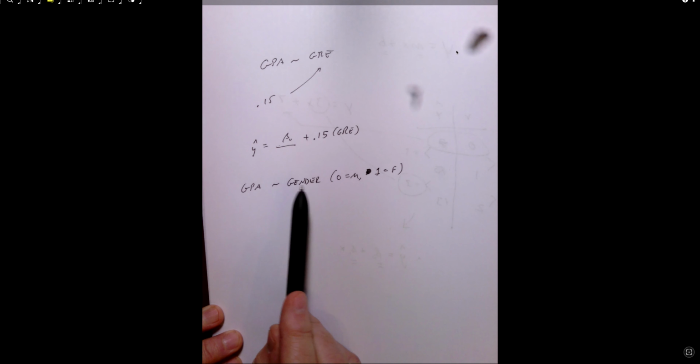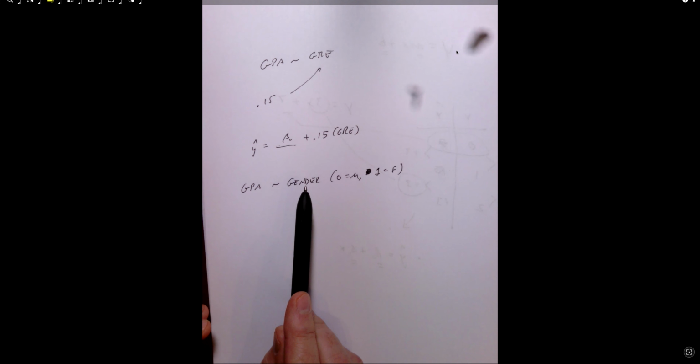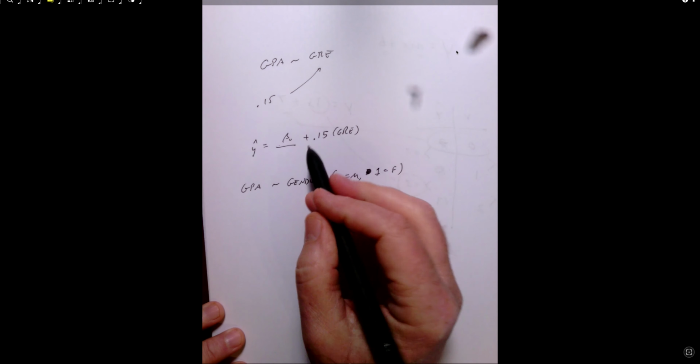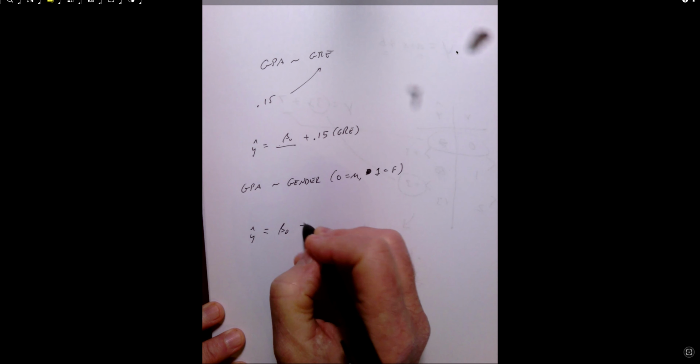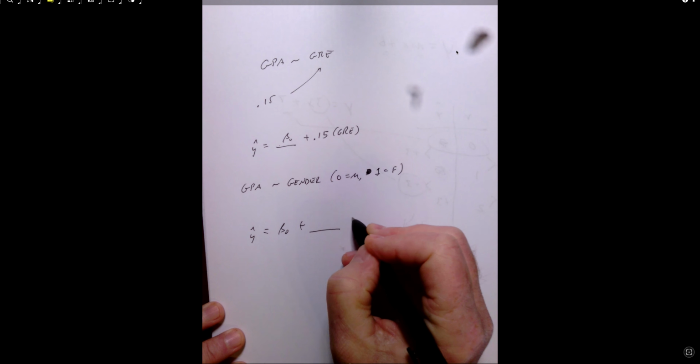I wouldn't use a single predictor that's categorical dichotomous in this case. But just for the sake of the illustration, let's say we did that. And we could, right? So here, again, I've got my predicted value, I've got my beta 0, I've got my coefficient, and I have gender.